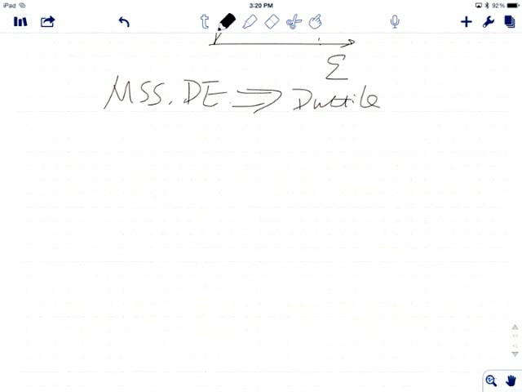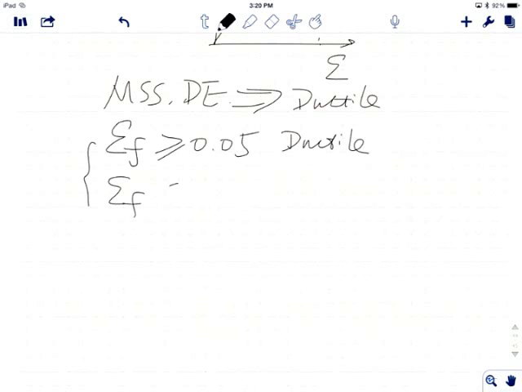The way we quantify ductile or brittle is by the ultimate failure strain. If the failure strain is more than 5%, then it's ductile, or if it's less than 5%, then it's brittle, right?